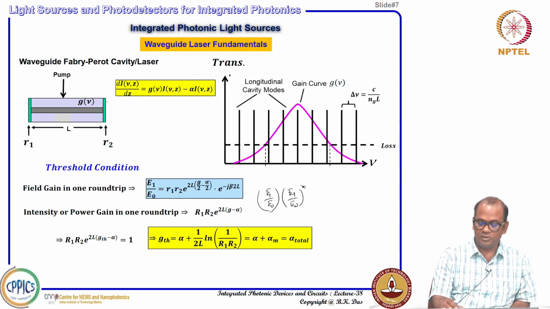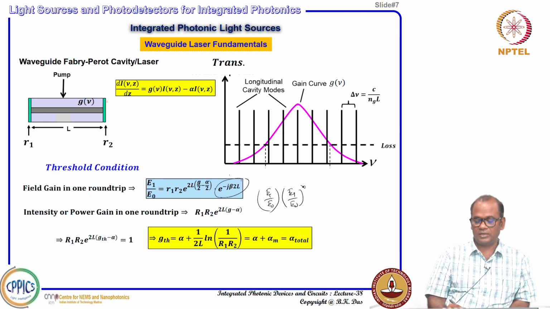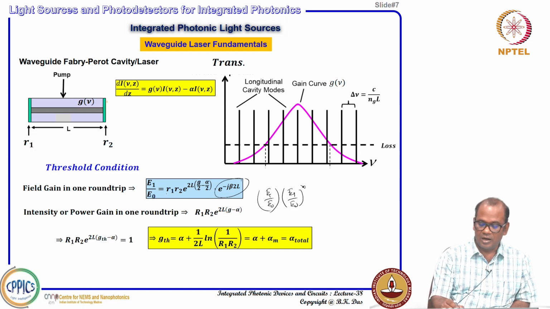Then what you will see? You take the complex conjugate and multiply. So the phase part, e to the power j beta delta L, will be cancelled, R 1 star will become R 1, R 2 star will become R 2, and this will be multiplied by 2 times the complex conjugate.